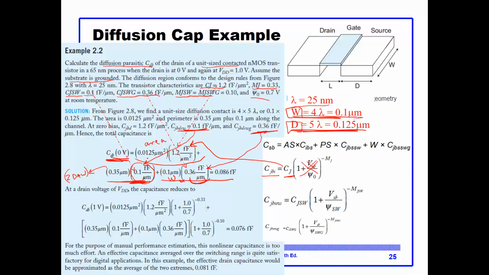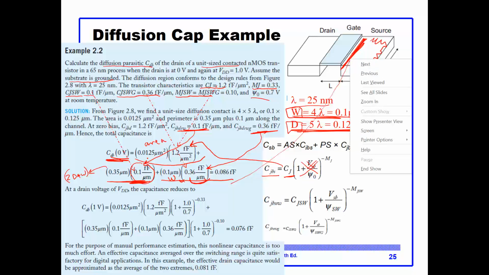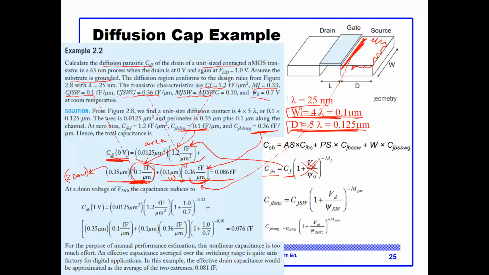It is important to notice that the parameter facing the channel is much higher than the one not facing it. So this side is right here, and the other three sides are right here. You add the bottom capacitance and the sidewall, and you finally get to this number.